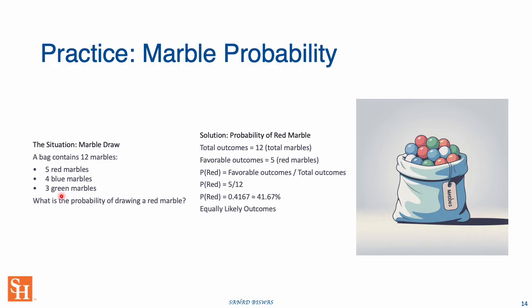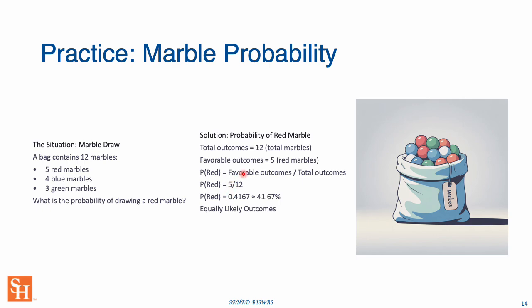Now if you randomly draw a marble, what is the chance, or what is the probability, that you will draw a red marble? So how can we calculate this probability? The probability of drawing a red marble would be the favorable outcomes over the total outcomes. The number of favorable outcomes was 5, meaning the number of red balls in the bag was 5.